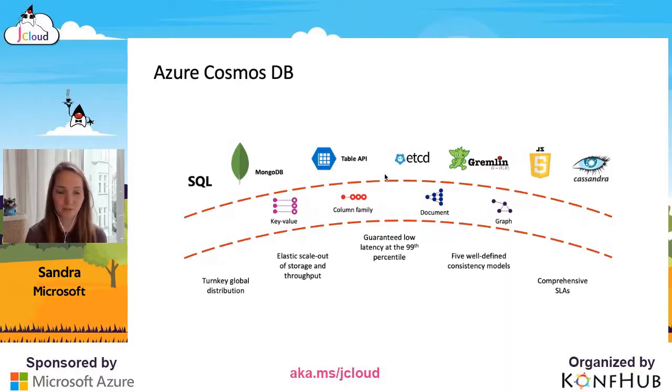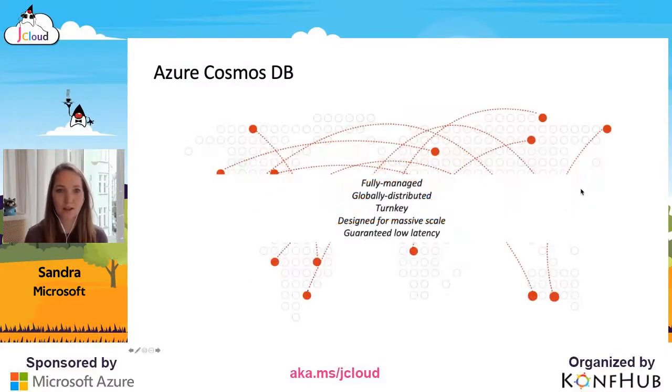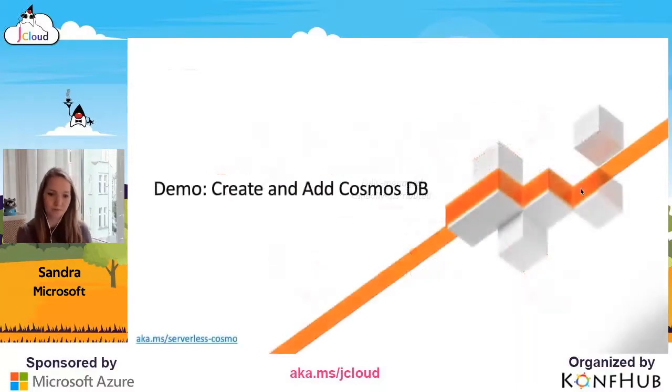But as it is still in preview, it's only for SQL enabled. And as I said, Azure Cosmos DB is fully managed, it's globally distributed, it's turnkey, it's designed for massive scale, and it's guaranteed low latency. So it's perfect for our serverless environment and for the testings here.